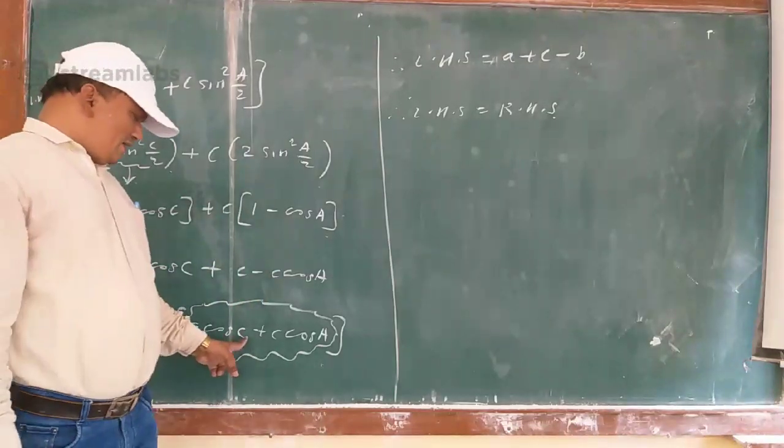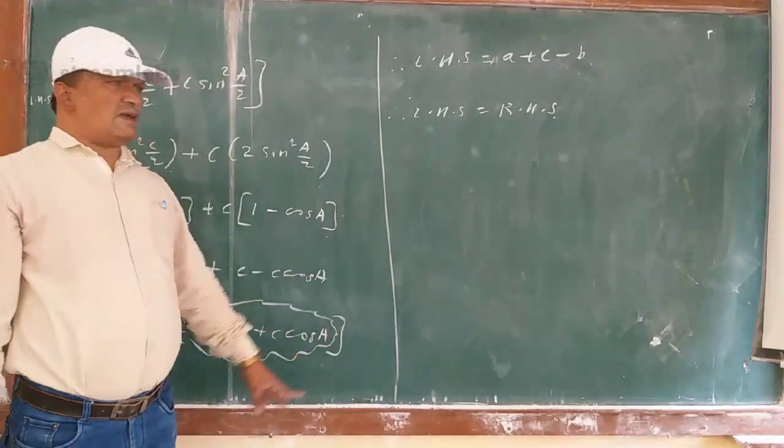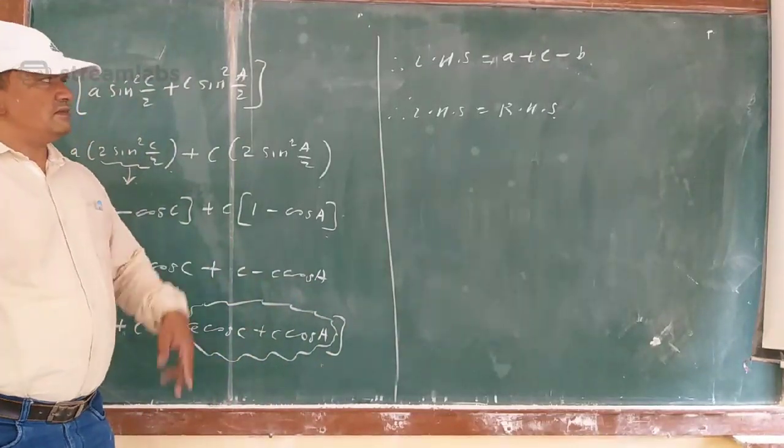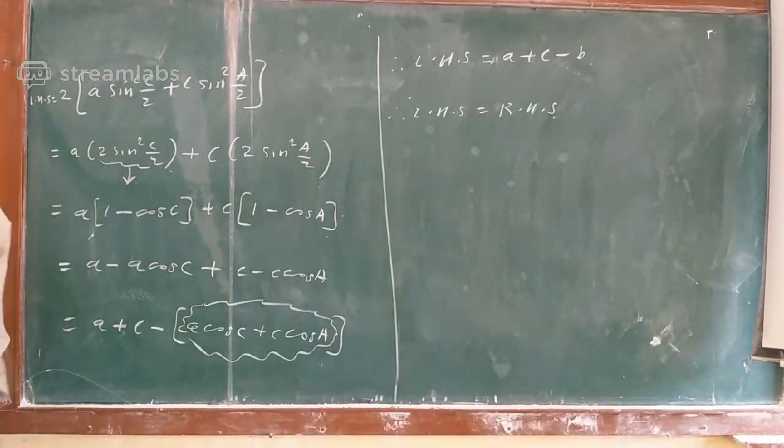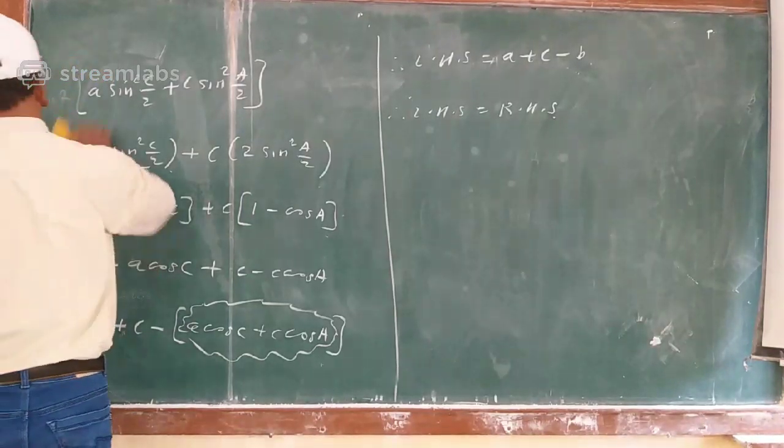So in bracket A cos C plus C cos A, by the projection rule, its answer is B. And that written there, answer completed. So student, remember, this problem depends upon the trigonometric formula as well as the projection formula.